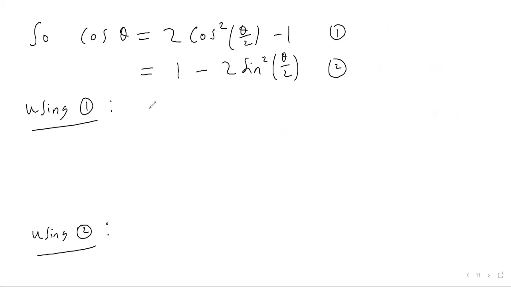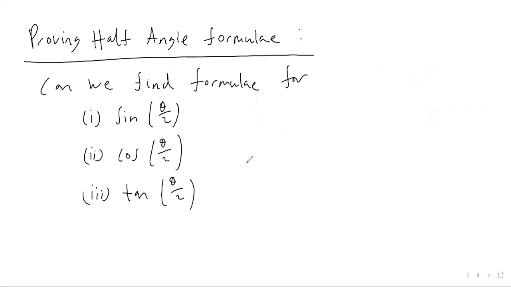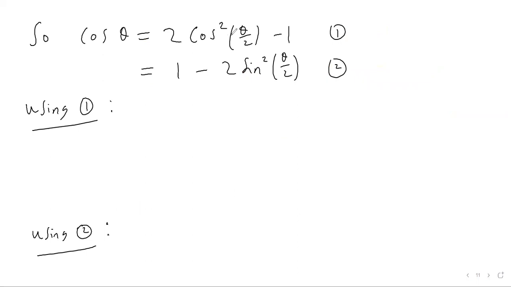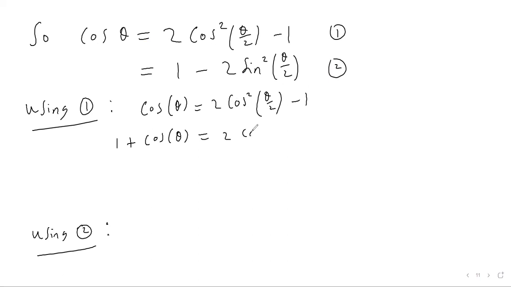So let's start with using number 1. We want to get a formula for cos theta over 2 and sine theta over 2. If we start with this first one, we're going to get a formula for cos theta over 2. Cos theta equals 2 cos squared theta over 2 minus 1. If we add 1 to both sides, we get 1 plus cos theta equals 2 cos squared theta over 2.